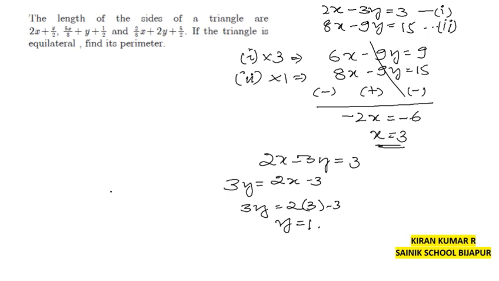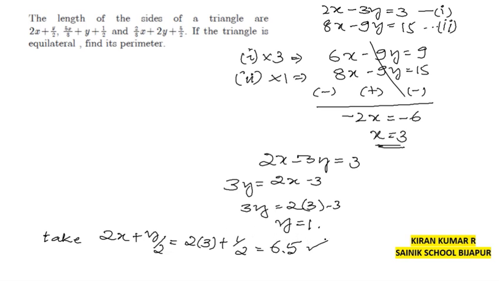Now I need to find the side. For that, any one of the equations you can consider. Take 2x plus y by 2, substitute 2 times 3 plus 1 by 2. So 6 plus half is 6 and a half, so 6.5.